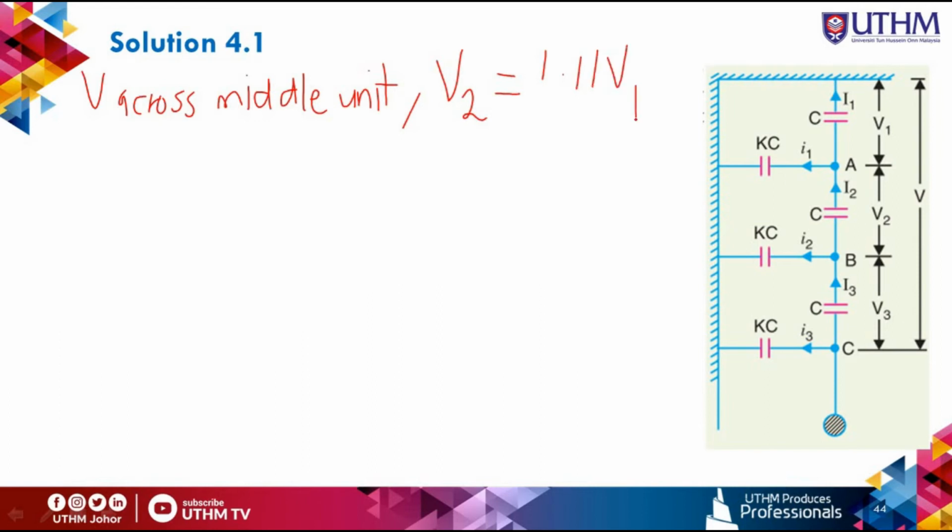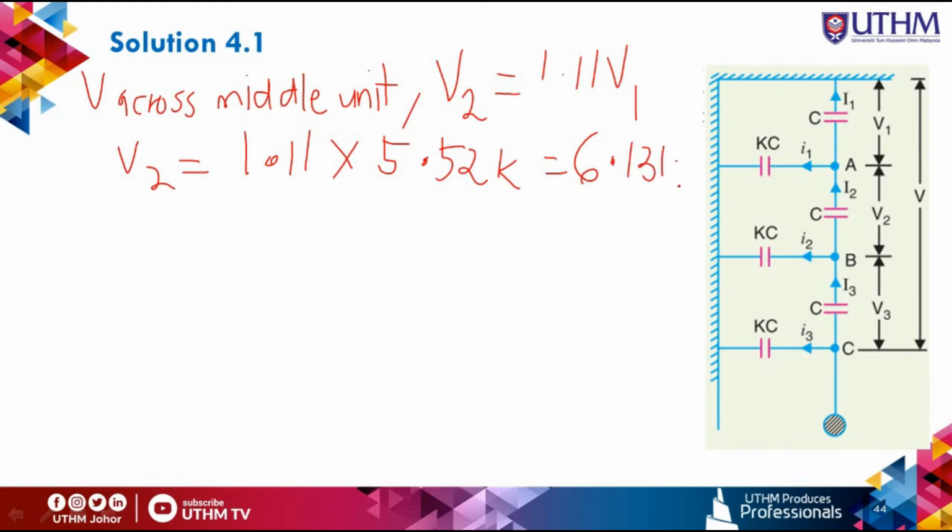So you just multiply: V2 equals 1.11 times V1, which is 5.52 kV. You'll get 6.13 kV.